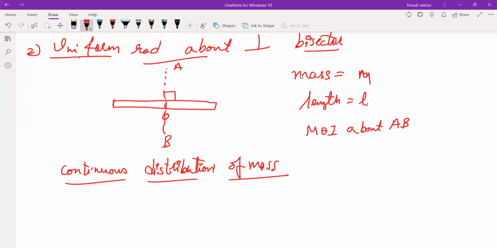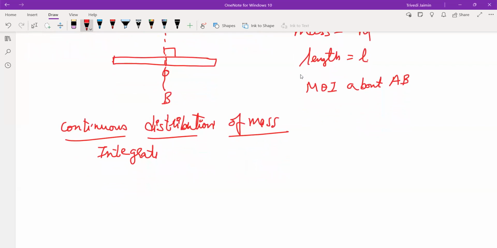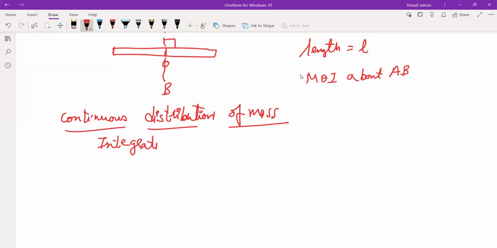So when mass is distributed uniformly, what will we do? We cannot add it this way, so we have to integrate. How will we integrate? We need to form the first formula, then we will integrate that formula. For integrating, we need to consider one small strip, let's name it dx, with thickness dx.